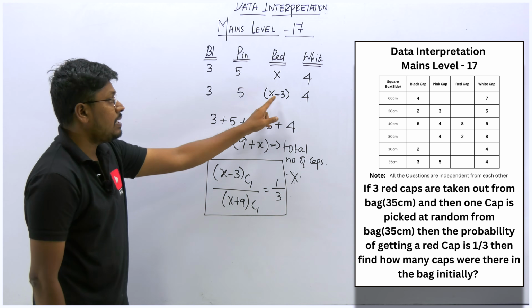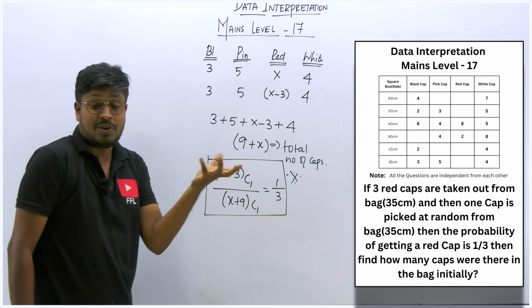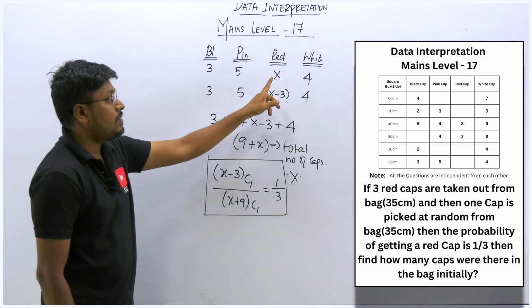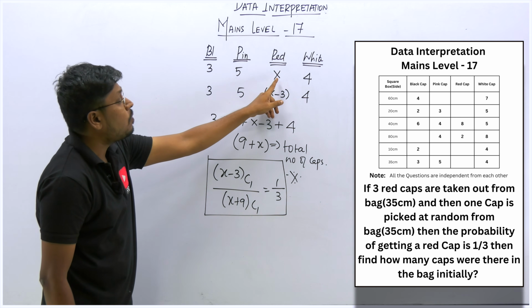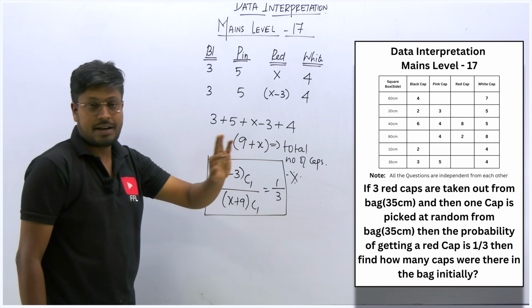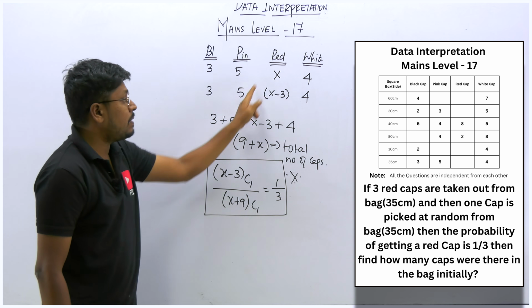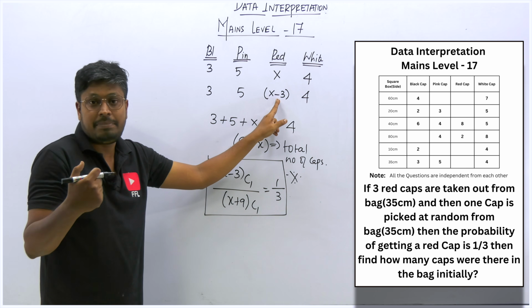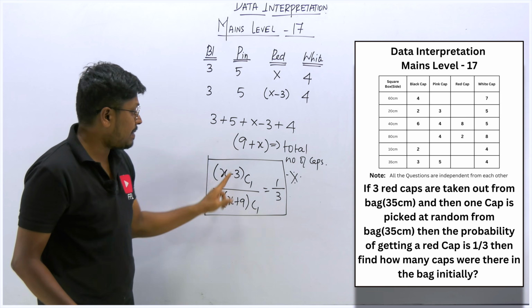So according to the question, initially 3 caps of red color have been taken out. We already consider the initial number of red caps as X. So 3 caps are taken out, X minus 3. From this data, 1 red color cap has been picked out, so X minus 3 C1.